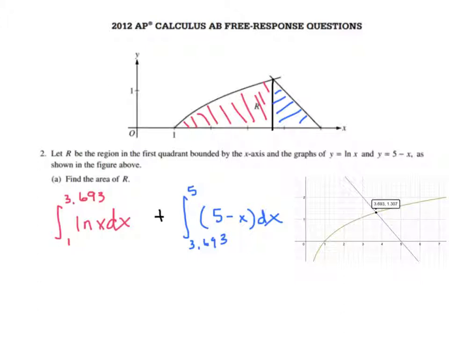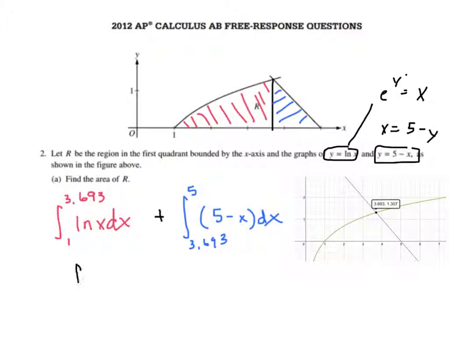So changing this first one, to get rid of natural log, we do e to both sides. So e to the y equals x, because e to the natural log of x is just x. And this other equation, if you do your algebra, maybe add the x over, so you have x plus y equals 5, then subtract the y, you end up with x equals 5 minus y.